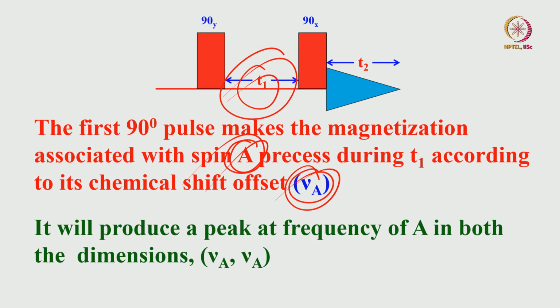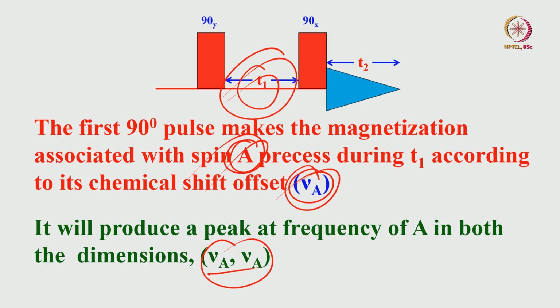At this frequency, it produces a peak at the same frequency in both the dimensions. I am considering only nu A; assume it is uncoupled, there is only one chemical shift, it gives a peak at nu A comma nu A, what we observed in the previous slide.